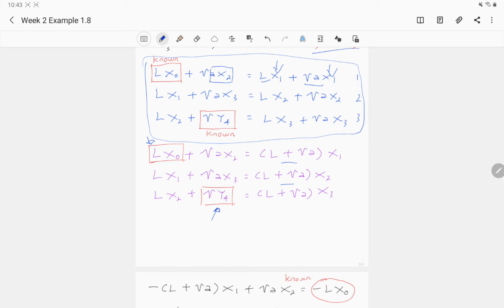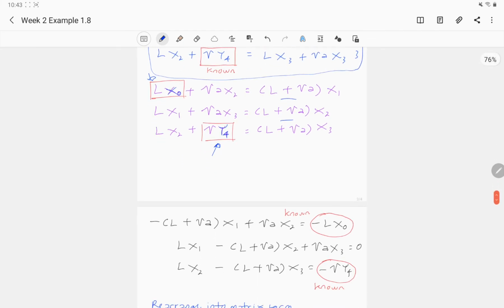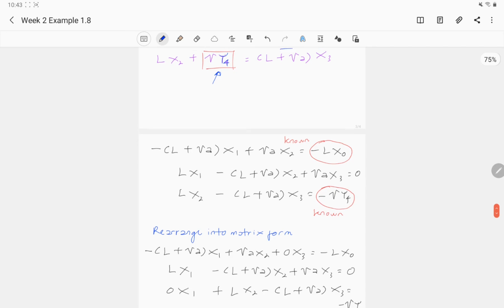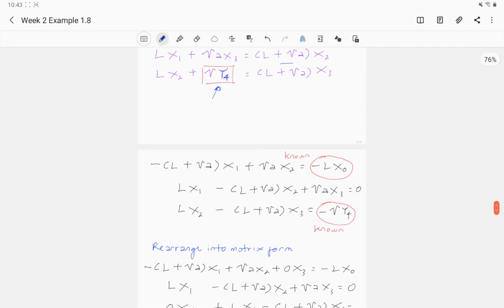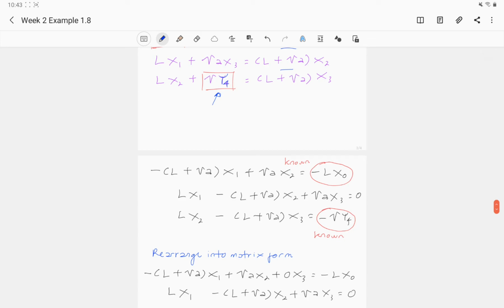So this V Y4, this Y4 is known, and this X0 is also known. And then we can keep on processing the 3 expressions, separating the known ones into the right hand side, and the unknown on the left hand side.